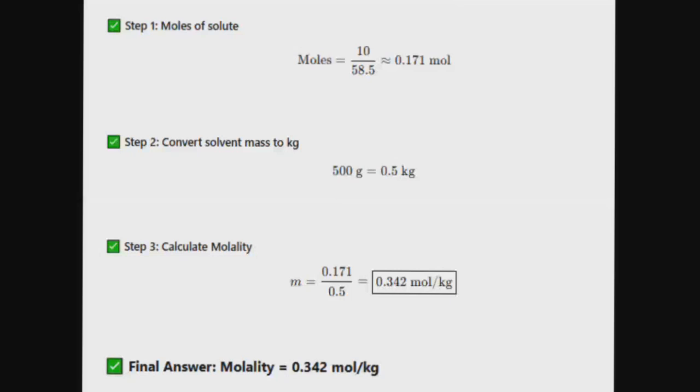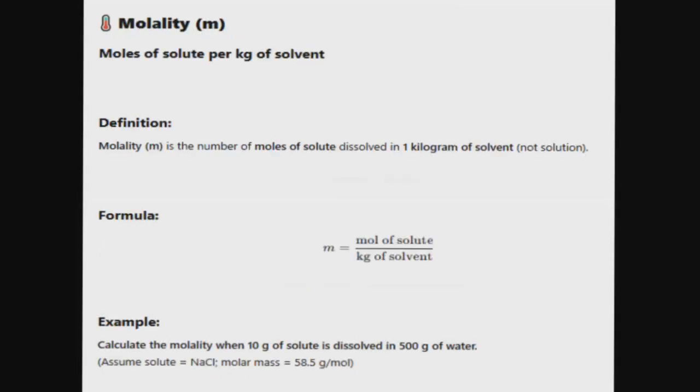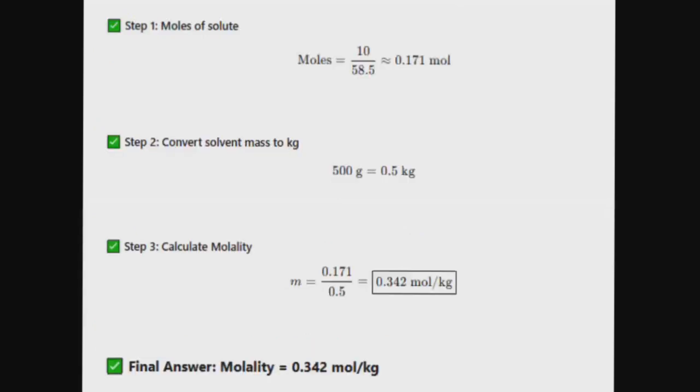Then step 2 is to convert the solvent mass to kg. Remember your definition said 1 kilogram of solvent, so you need to convert this solvent mass to kilogram. 500 grams is equal to 0.5 kg. Now you calculate your molality.